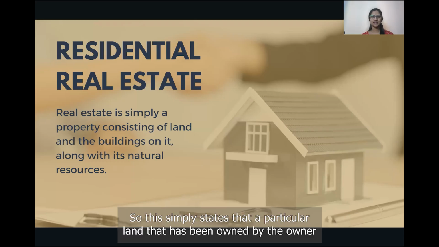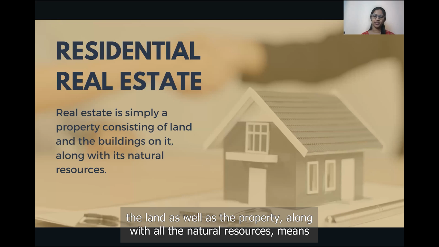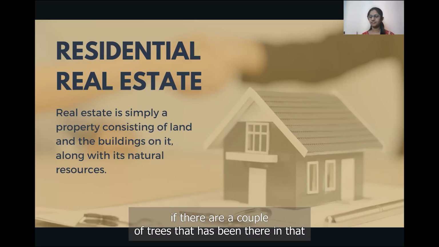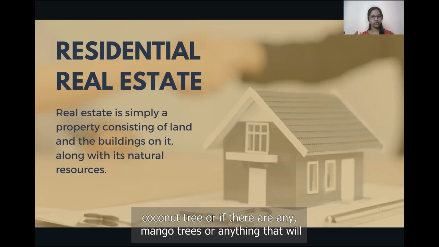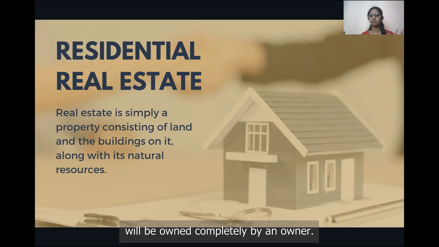So this simply states that a particular land is owned by the owner, and the property on that land, both the land as well as the property, along with all the natural resources, meaning the electricity, the water supply, and if there are a couple of trees on that land, say it is 1 acre of land that you have, and if there is a coconut tree or any mango trees on that site, all of these properties will be owned completely by an owner.